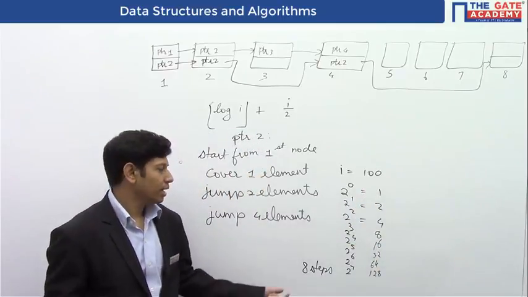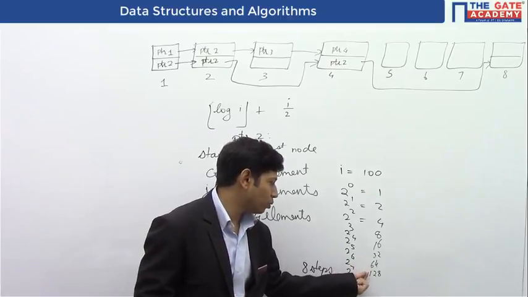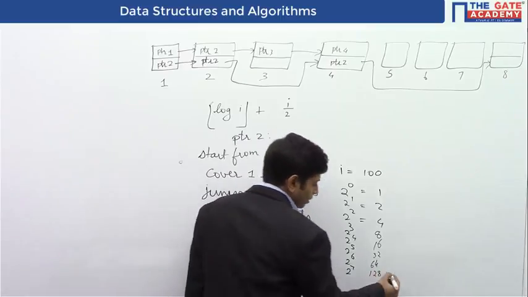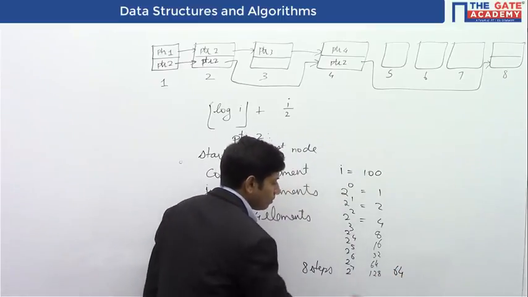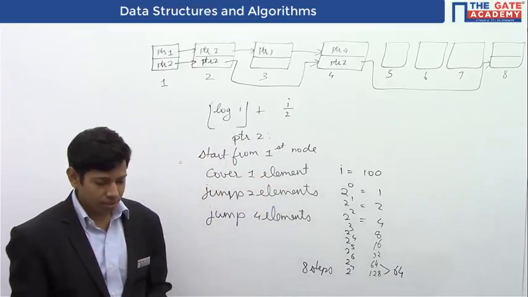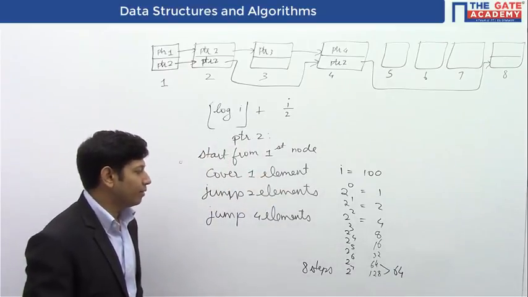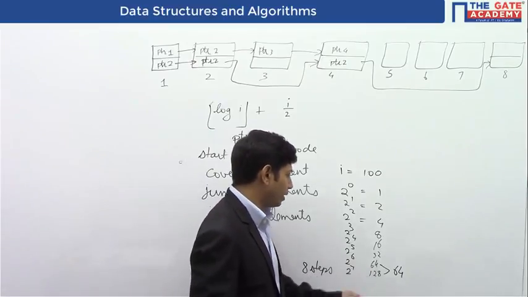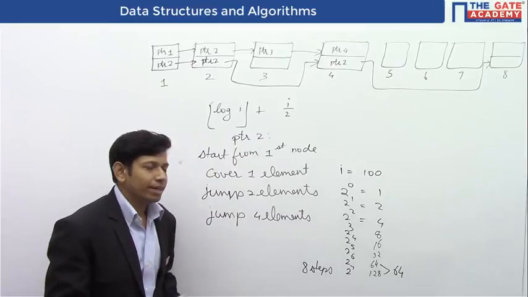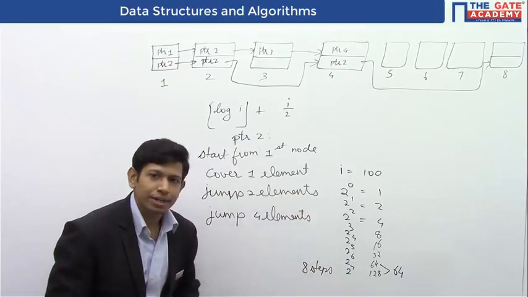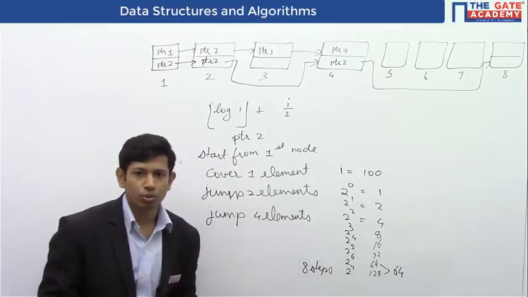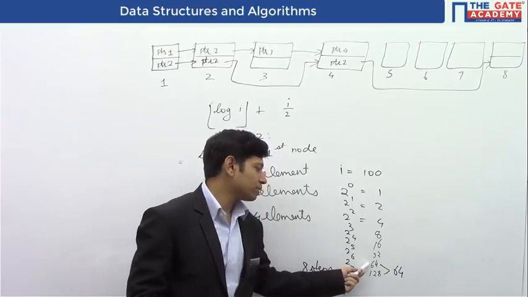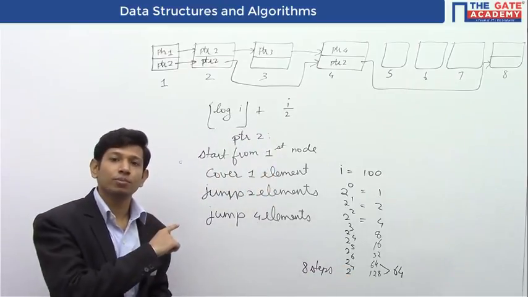We observe that the difference between 64 and 128 is 64, and we need to reach the 100th node, so 100 is 36 over 64. So using the second pointer, first we reach the 64th node. Once we have reached the 64th node, then we will reach from 64 to 100 using the first pointer.